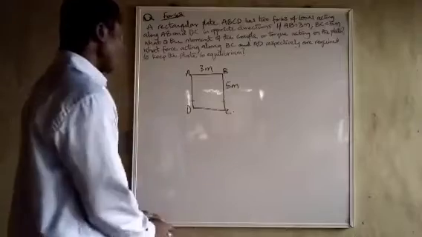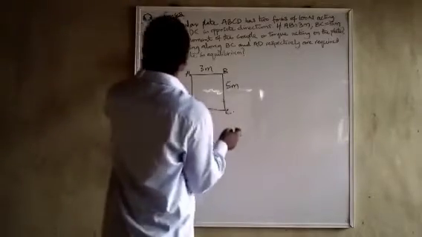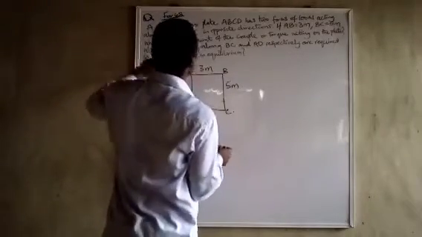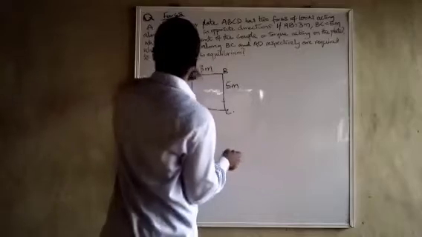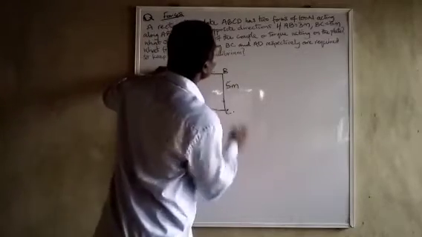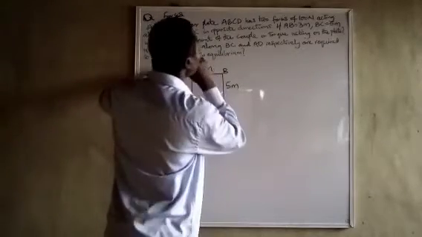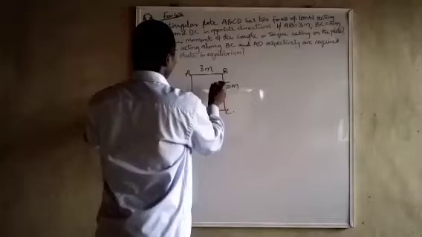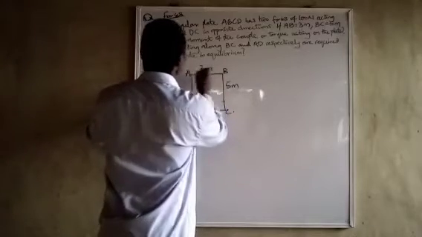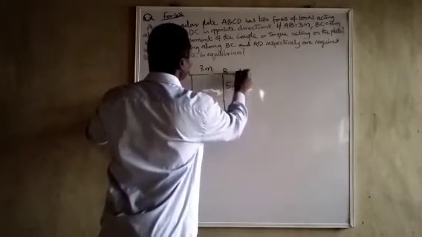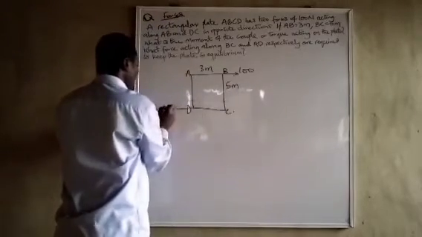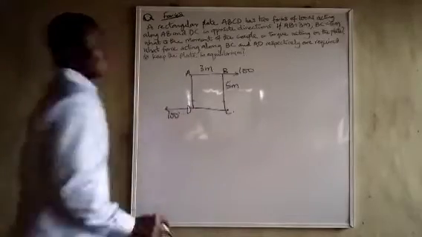This is very simple and straightforward. We are told that this force of 100 Newton acts along AB and BC. So this is how it's going to be. For a couple, we are going to have it like this: 100, 100. That's how we are going to have it.